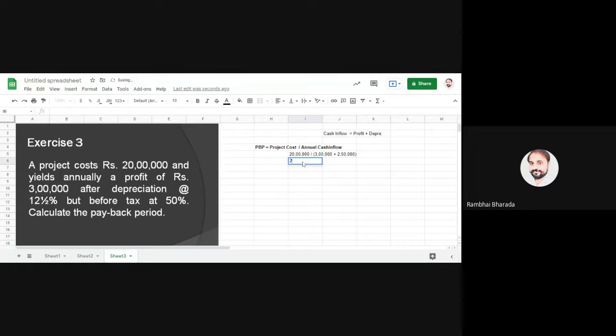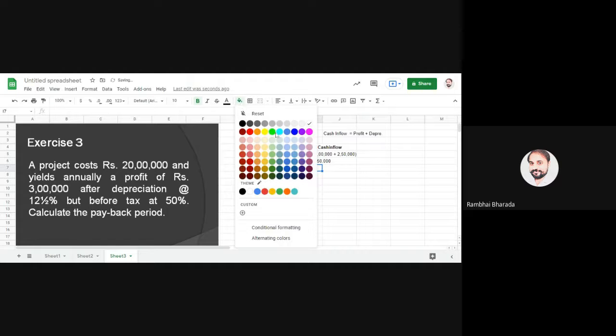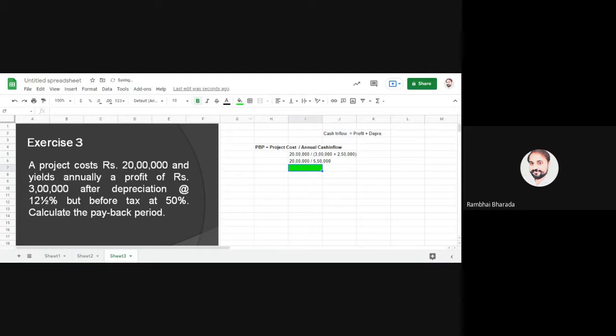And finally 20 lakh upon 5,50,000. What was the answer here? The final answer of question number 3 is 3.64 years. Are we clear up to question number 3?